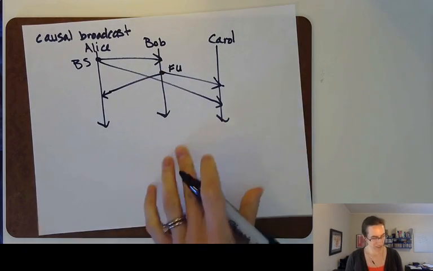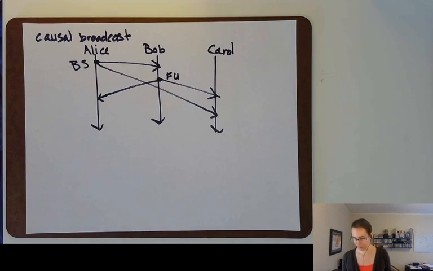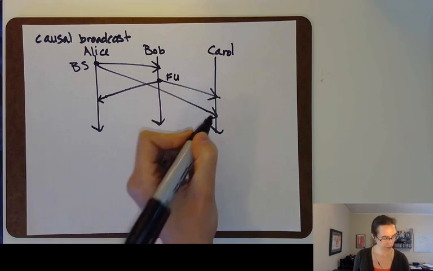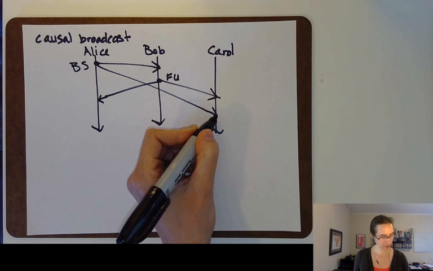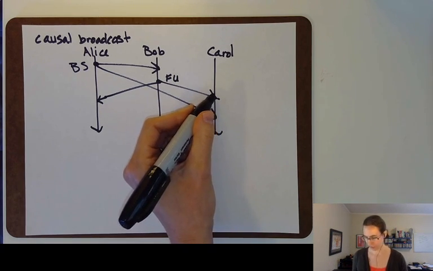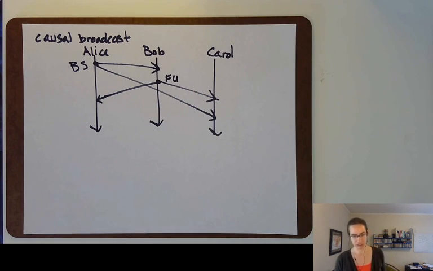So what we figured out last time is that the issue here was that this message here was delivered before this message being sent by Alice, even though this message should be causally later. And we sketched out how we could use vector clocks to prevent that.